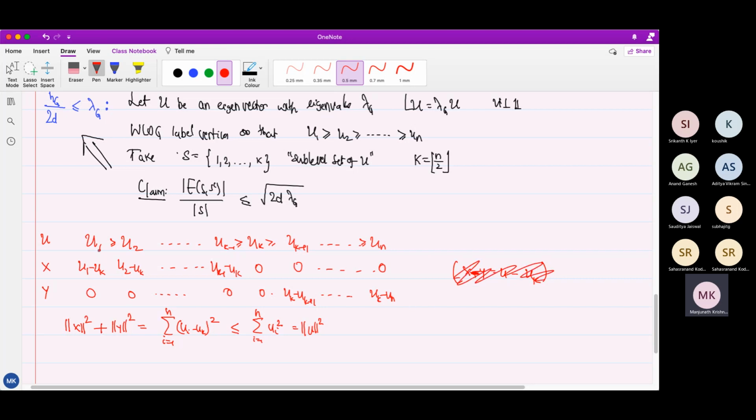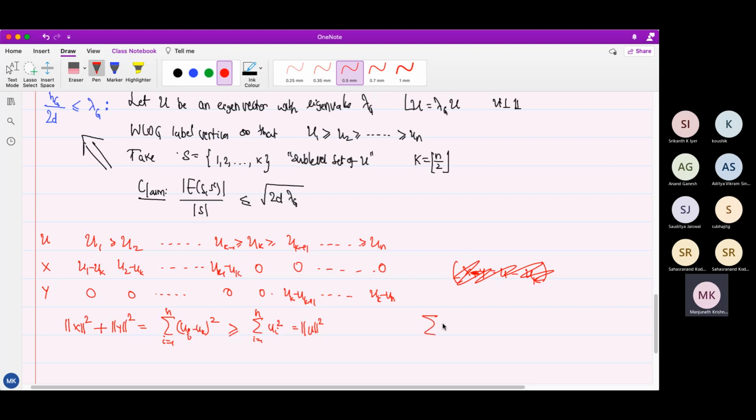So norm X square plus norm Y square, you write it directly, but here you are taking the differences of UI from one constant. You know that this is greater than or equal to, not less than or equal to. When is it minimized? The difference squares are minimized when you put UK equal to the mean of the UIs, right?